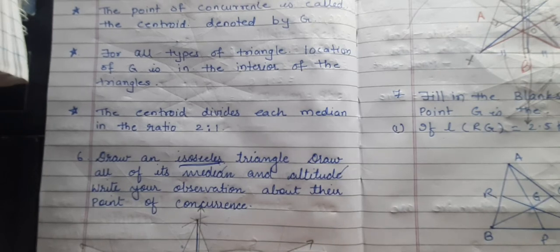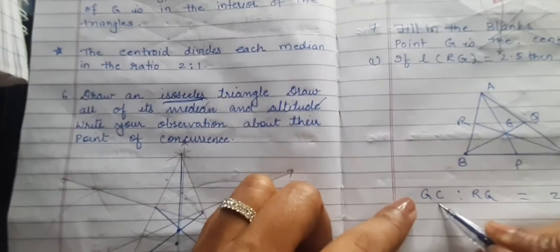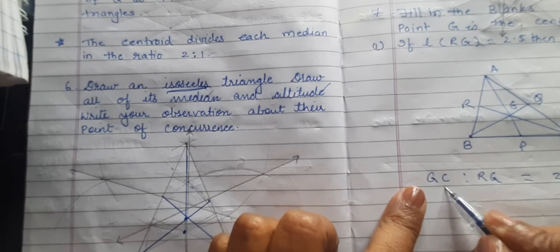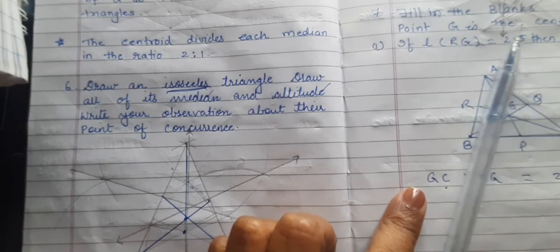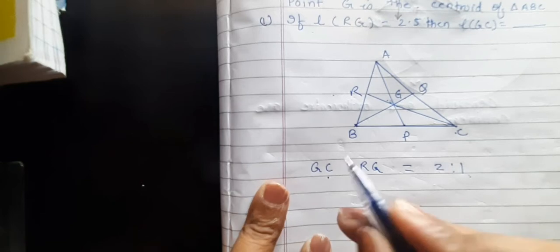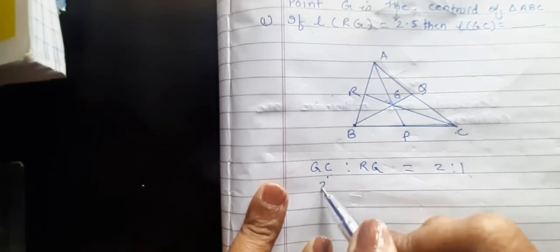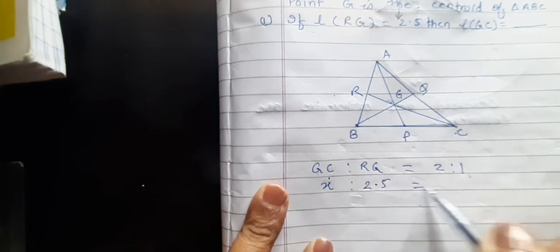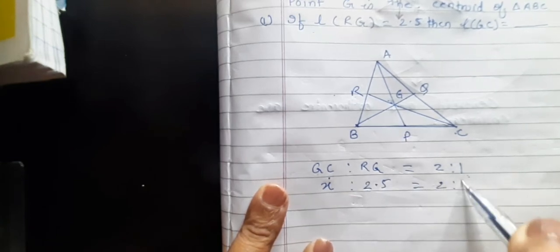Right, now substitute the value. Now GC is not given to us, that we have to calculate. So we'll consider that as X. X is to 2.5 equal to 2:1.